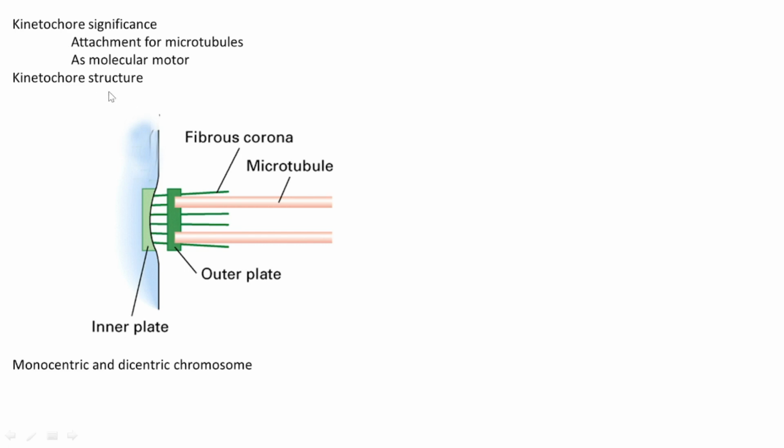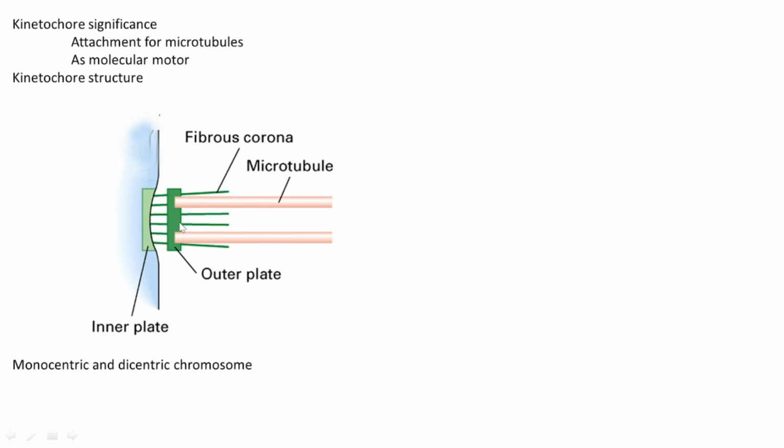Then coming to the structure of kinetochore. According to a recent model proposed, the kinetochore has an outer and inner electron dense plate. This is the outer plate, this is the inner plate.